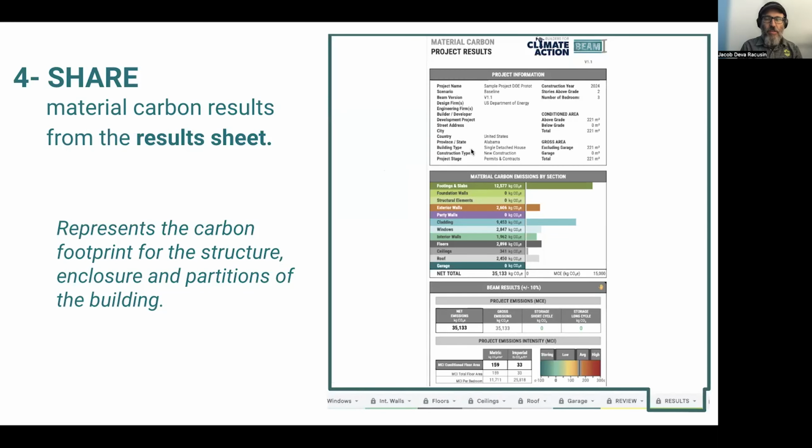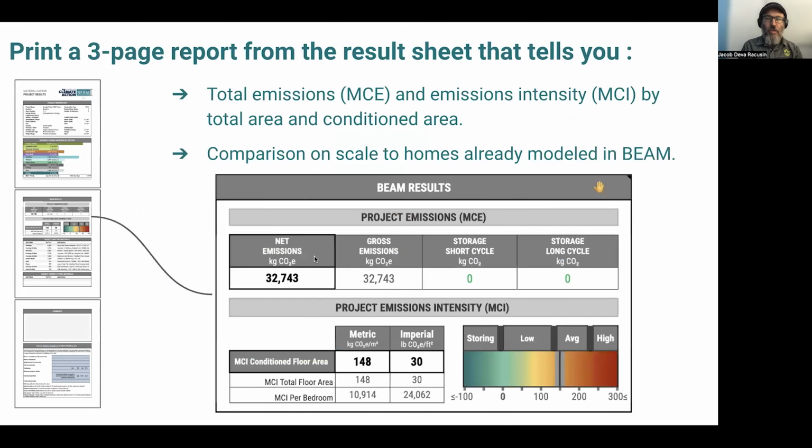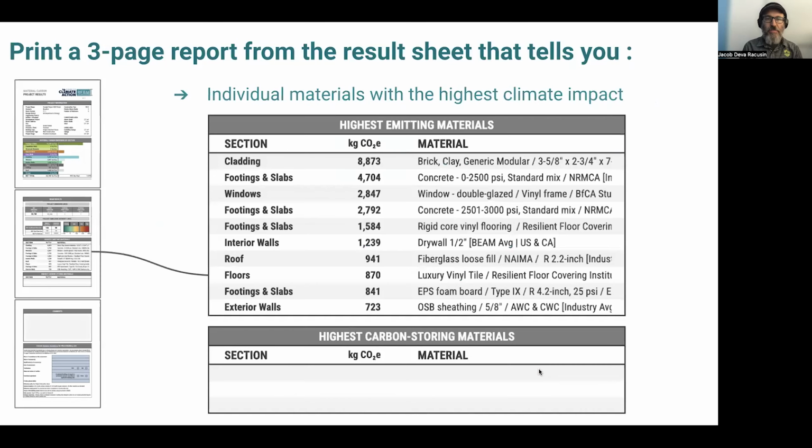We then have a share page in which the data and the results from your analysis can be shared with your project team, including the intensity on a per assembly basis, seeing where the pools of emissions are in your project, looking and reporting about the net emissions and the material intensity per conditioned floor area, total floor area, or per bedroom, with a relative scale of impact compared to baseline averages.